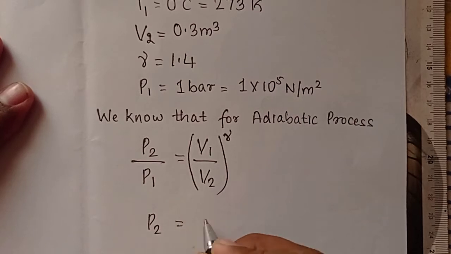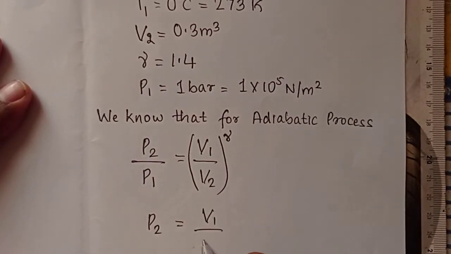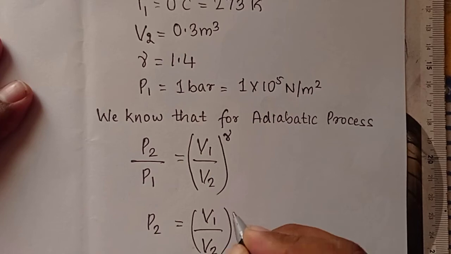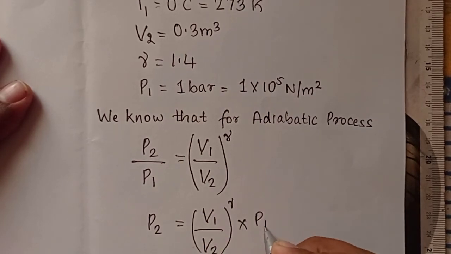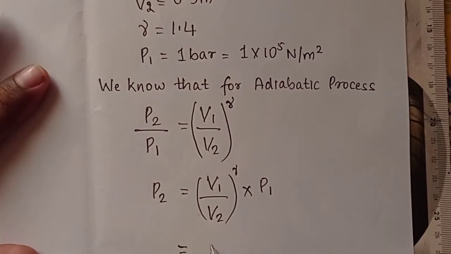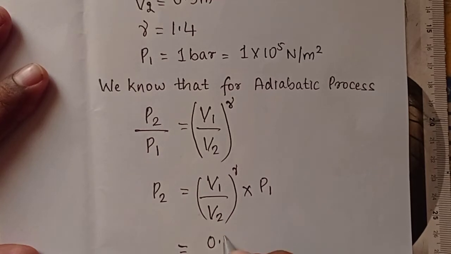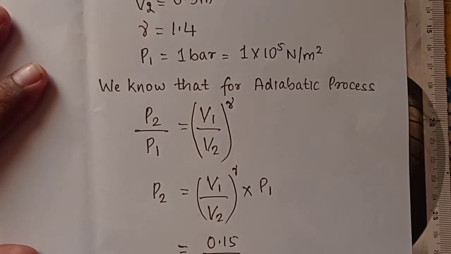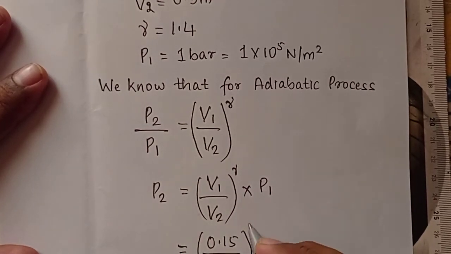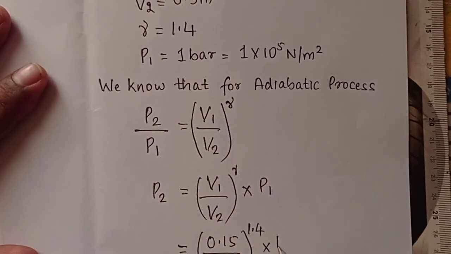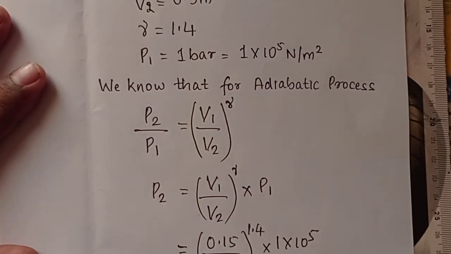P2 will be equal to V1 by V2 whole raised to gamma into P1. V1 is 0.15, V2 is 0.3, whole raised to 1.4, into 1 into 10 to the power 5.